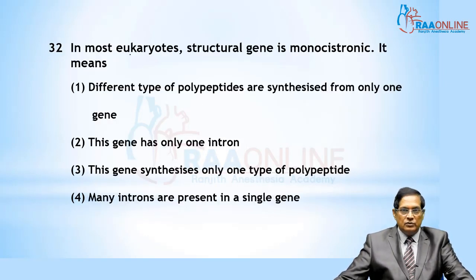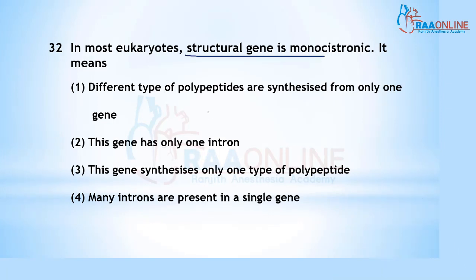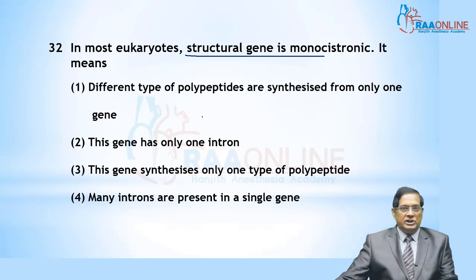In most eukaryotes, a structural gene is monocistronic. That is, it is responsible for one particular polypeptide chain. The gene responsible for the synthesis of one particular polypeptide chain is monocistronic.